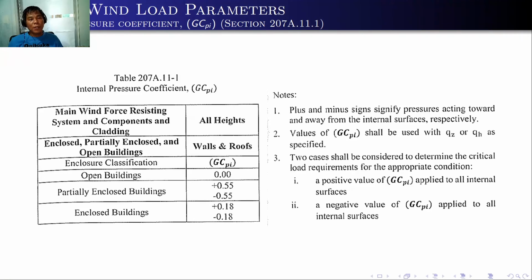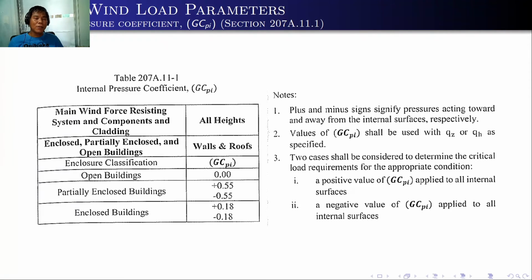For the internal pressure coefficient, GCpi, we have values here depending on the enclosure classification. So it's important that you first classify the enclosure. For open buildings, that is zero because, since it is open, there will be no internal pressure.